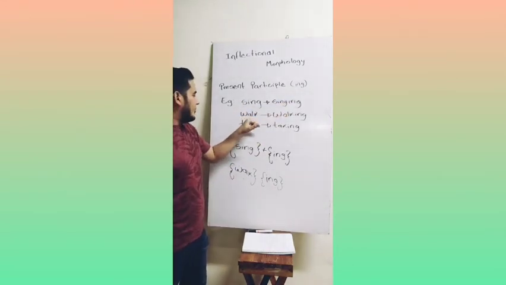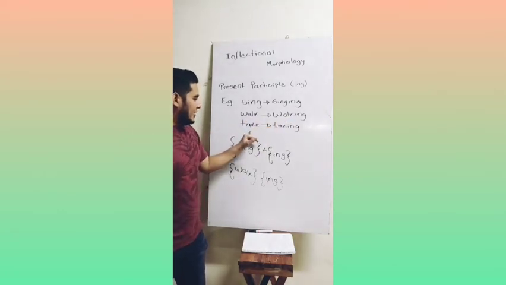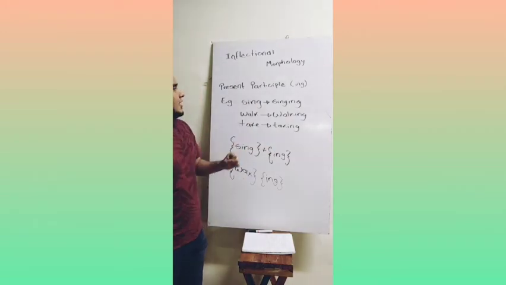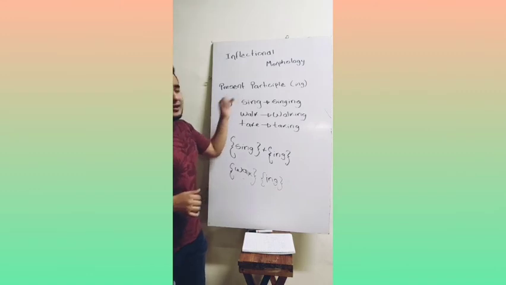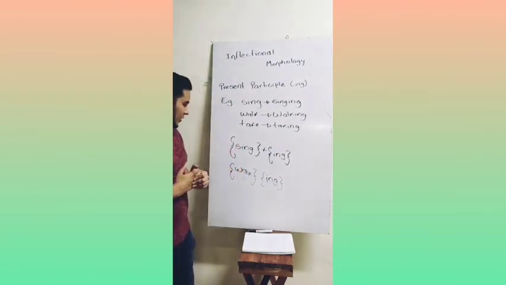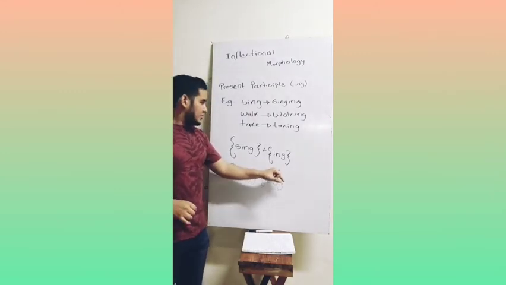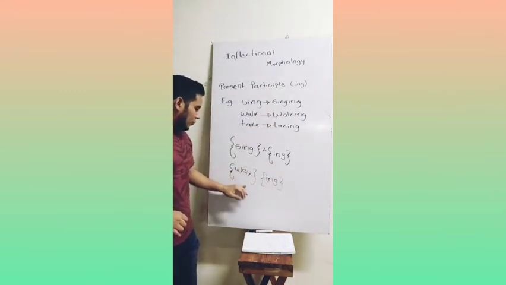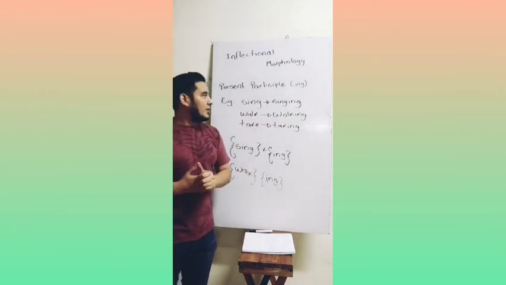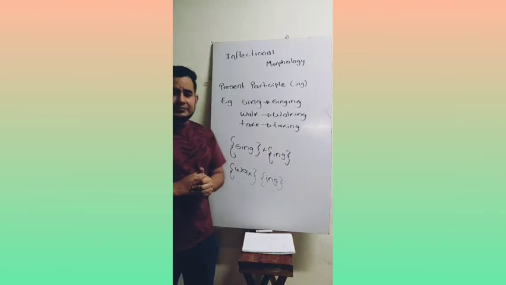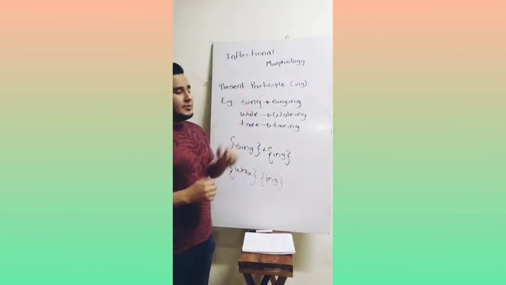The same thing happens with walk, which turns into walking, and take turns into taking. So this is the inflectional suffix that we have in the present participle.